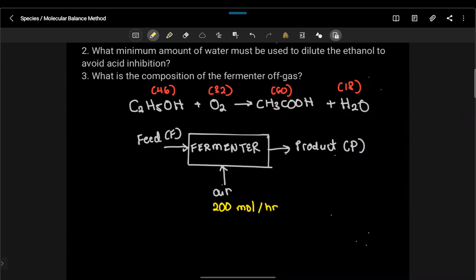Yung ating product, sabi sa problem, 2 kilogram per hour daw yung target na production. 2 kilogram per hour. Okay? And, sorry, 2 kilogram per hour acetic acid. So let me abbreviate yung acetic acid bilang AA.